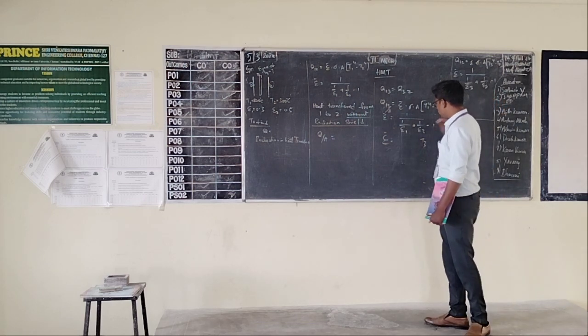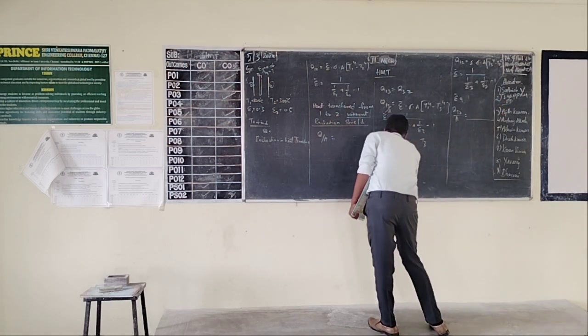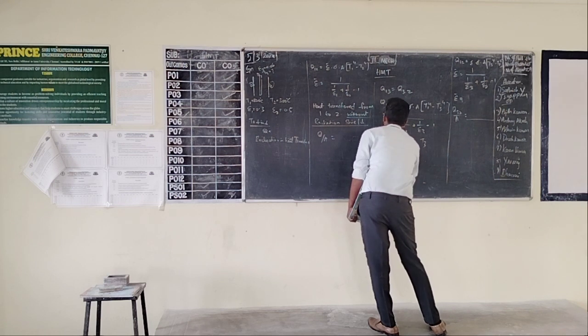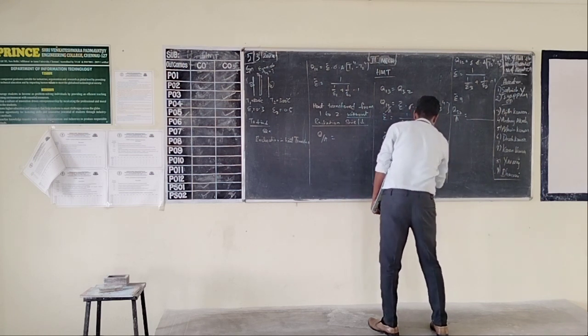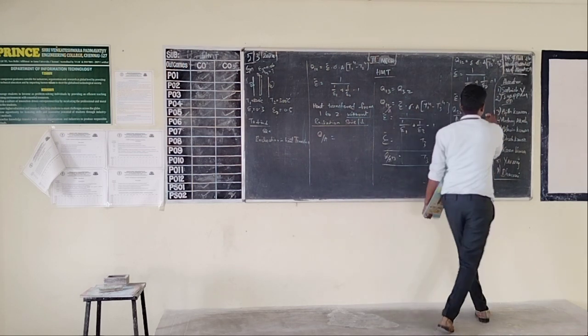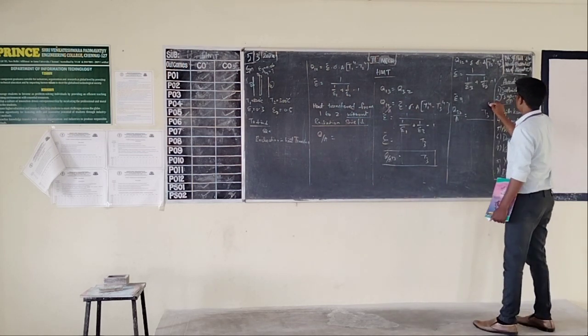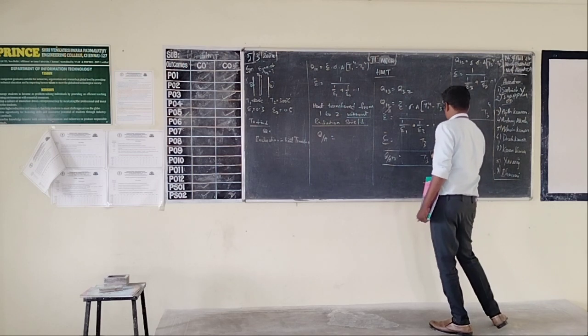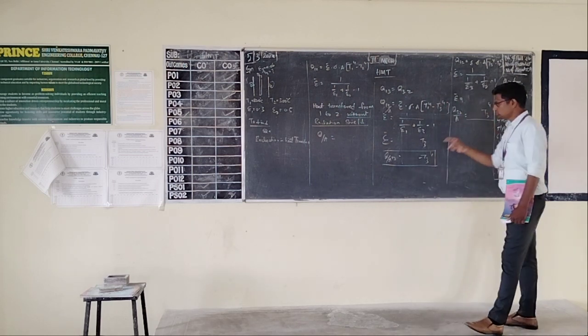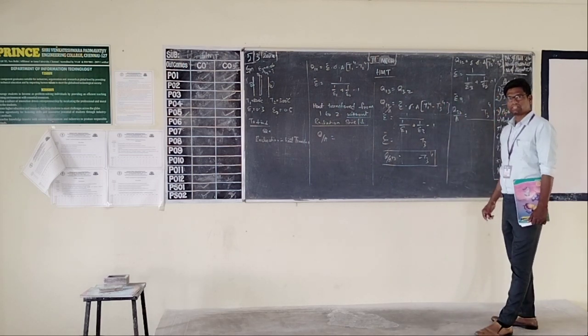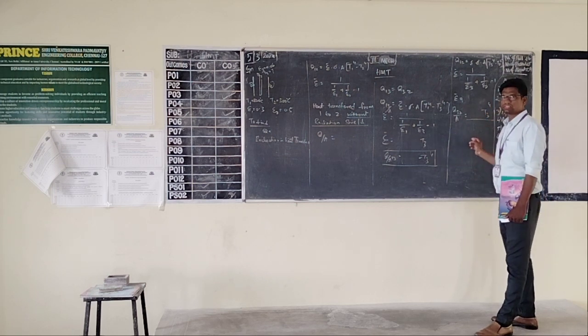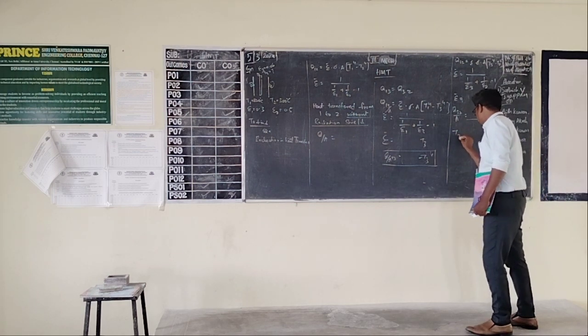So equate these two equations. This is in terms of T3 power 4, and this is also in terms of T3 power 4. Equate these two terms and you get the value for T3.